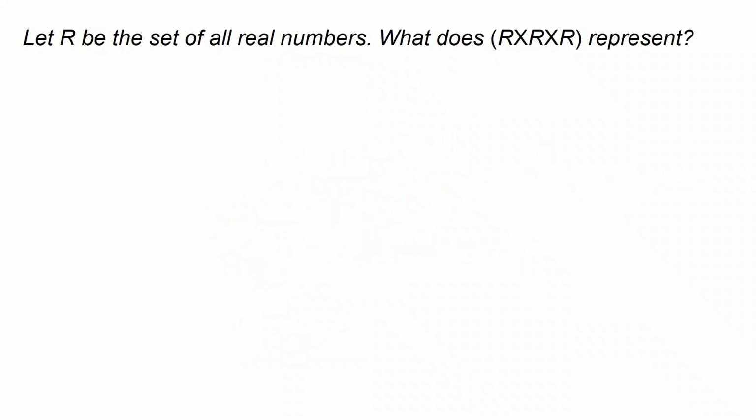And similarly, if you are given the set of real numbers as R, then R cross R cross R represents a three-dimensional space. Okay, so R cross R represents a two-dimensional space and R cross R cross R represents a three-dimensional space where each axis is having real numbers.